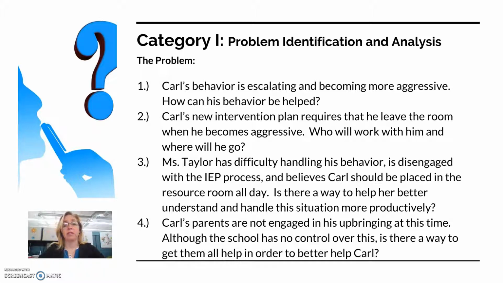Ms. Taylor is having difficulty with this, so I would like to educate her a bit more on the IEP process and Carl's situation specifically, but also I'd like to help her to understand behavior disorders better so that she can better address them in the classroom.